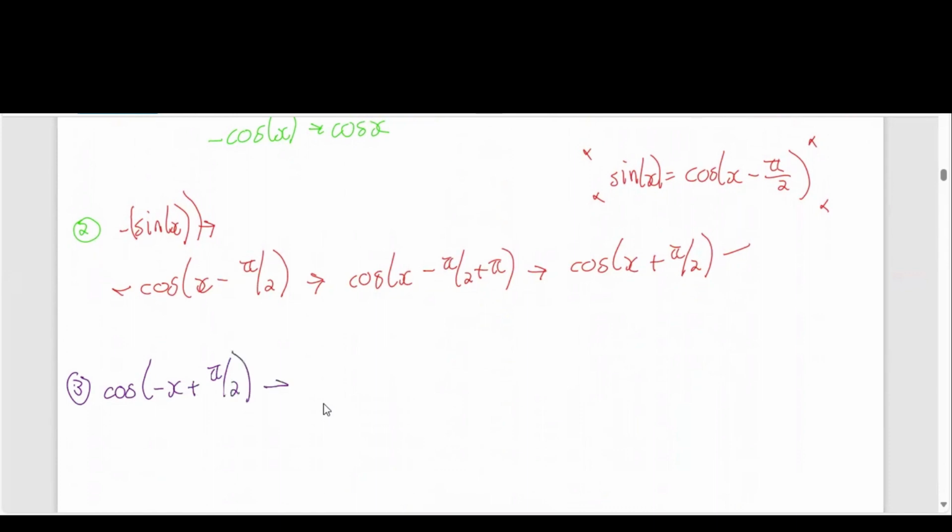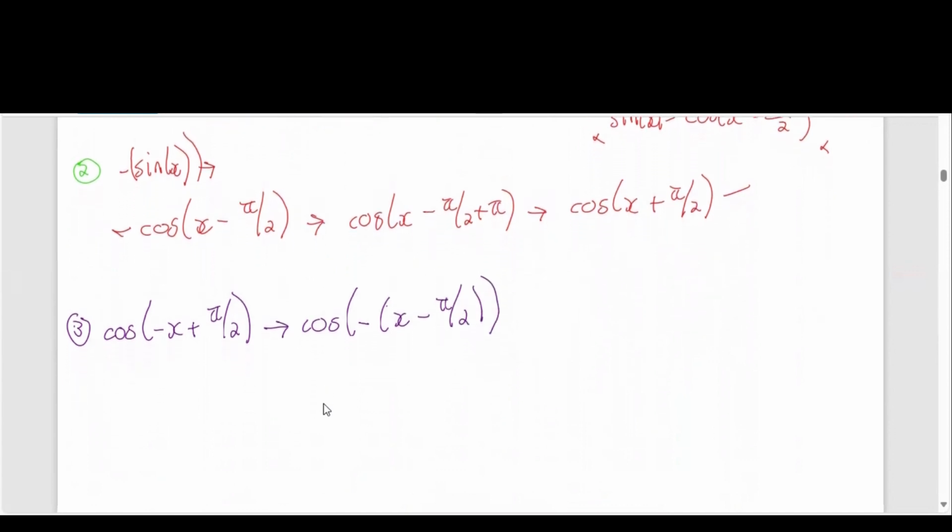We need to factorize the minus and bring it out. We can't just bring the minus out one time because the entire thing has to be factorized. So it's to be cos of minus x, and this will be minus pi on 2. Now we could bring the minus out. Why?